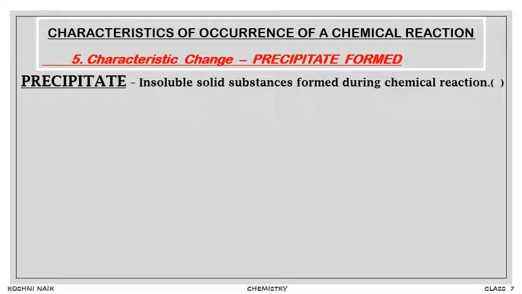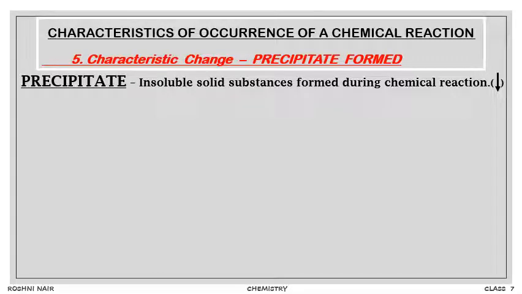I had kept this bracket empty because I wanted to show how it is shown in any chemical reaction. If you remember, when we were showing evolution of gas, I had told that we show it by an arrow which points upwards. Now when a precipitate, which is an insoluble solid substance, is formed, when we are writing a chemical reaction, we will show it in the form of an arrow which points downwards.